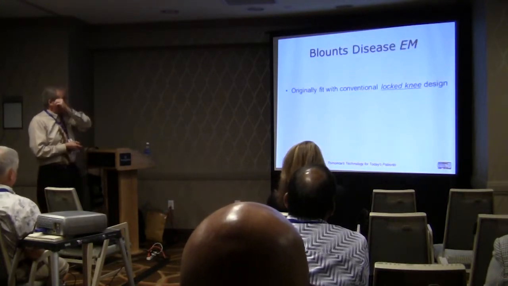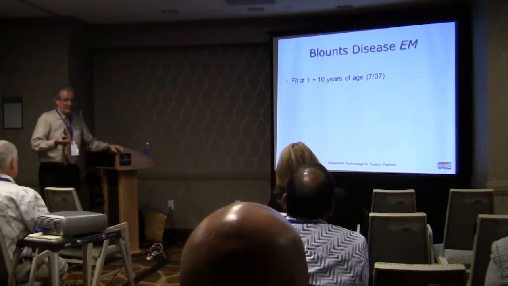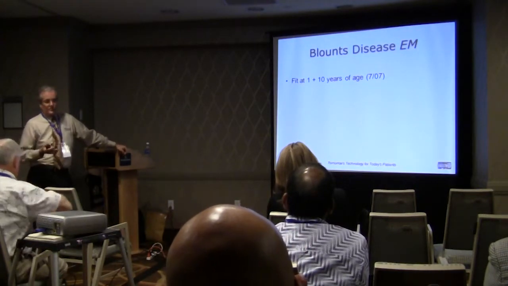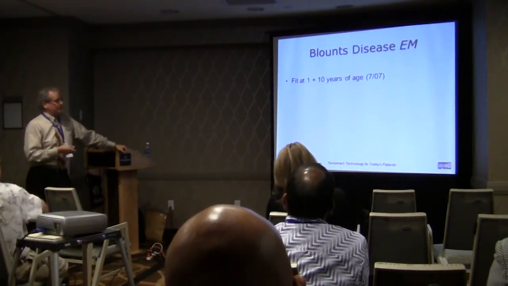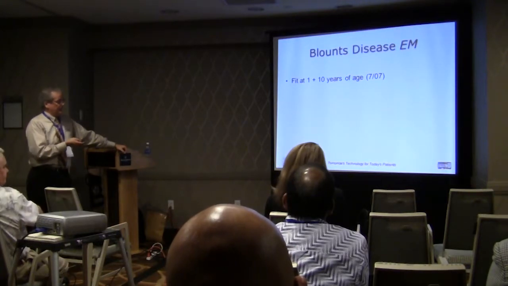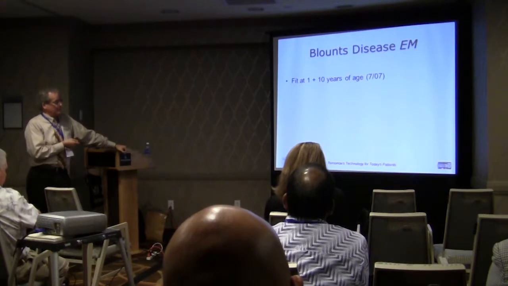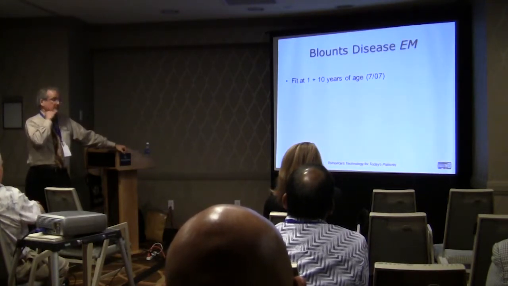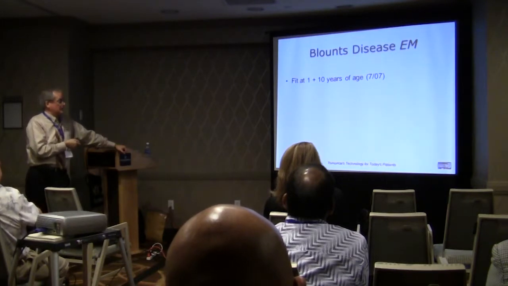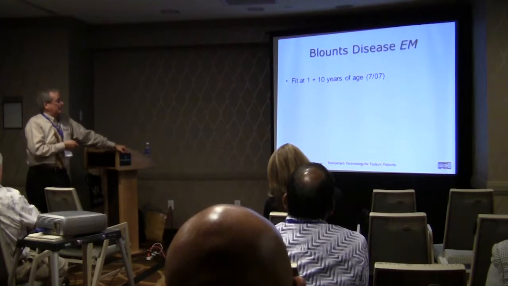This is another patient, a little guy. This is like a summary I'm doing in the front, because it was a patient that was treated with an existing system and then they converted it over to the VVAS system. It originally was fit at 1 plus 7, 1 year, 10 months. A lot of people that aren't familiar with pediatrics are confused by that. That's 1 year, 10 months old.